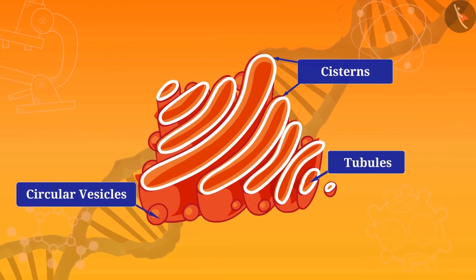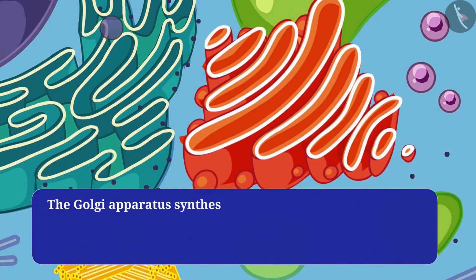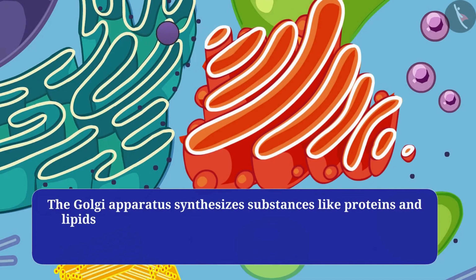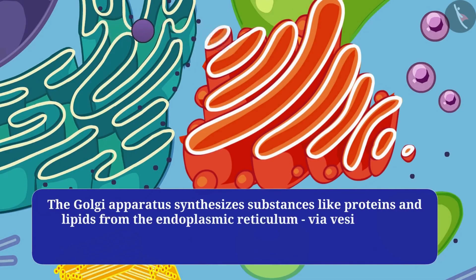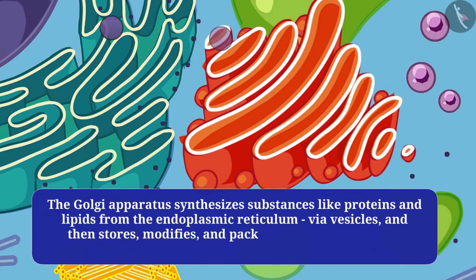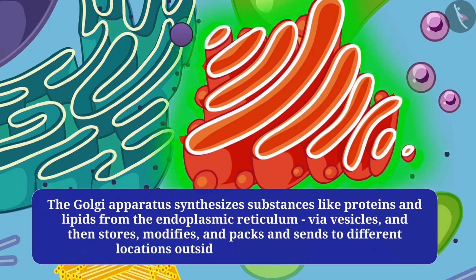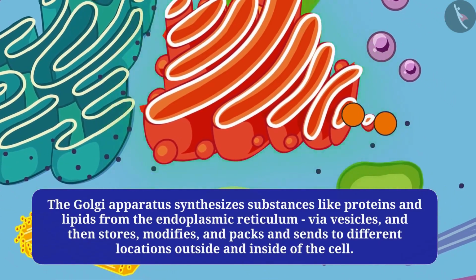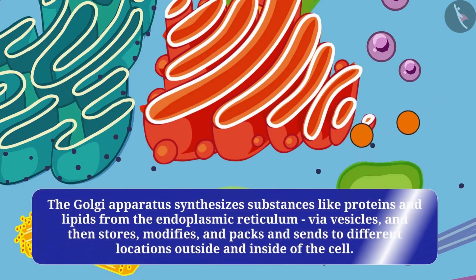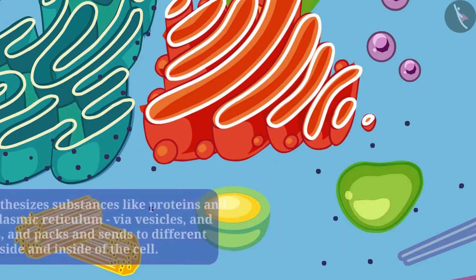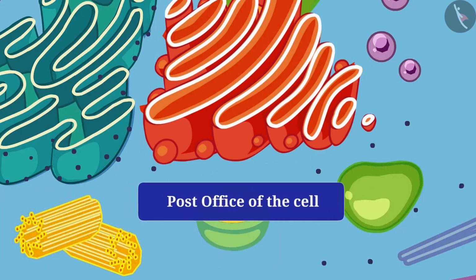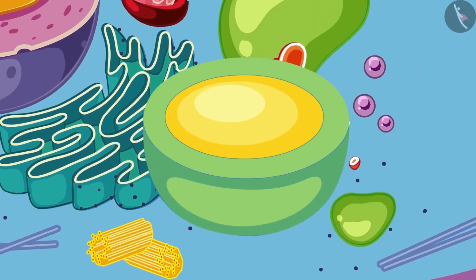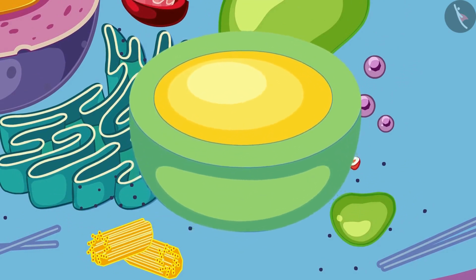The Golgi apparatus receives substances like proteins and lipids from the endoplasmic reticulum via vesicles and then stores, modifies and packs them and sends them to different locations outside or inside the cell. For this reason, it is also called the post office of the cell. Lysosomes are also produced by the Golgi apparatus.